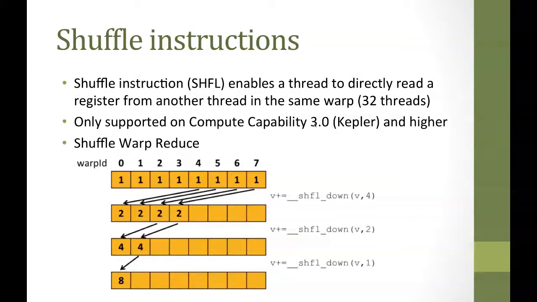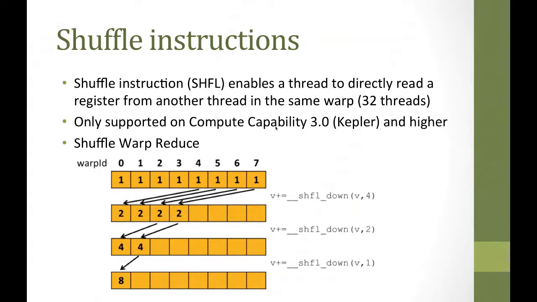Okay, this is the very basic example of how to use the shuffle instruction to do the reduction. For example, we have 8 elements in the warp. It doesn't matter, just assume we have 8 threads in a warp. So you can do a shuffle down, which means to get some value from some offset.